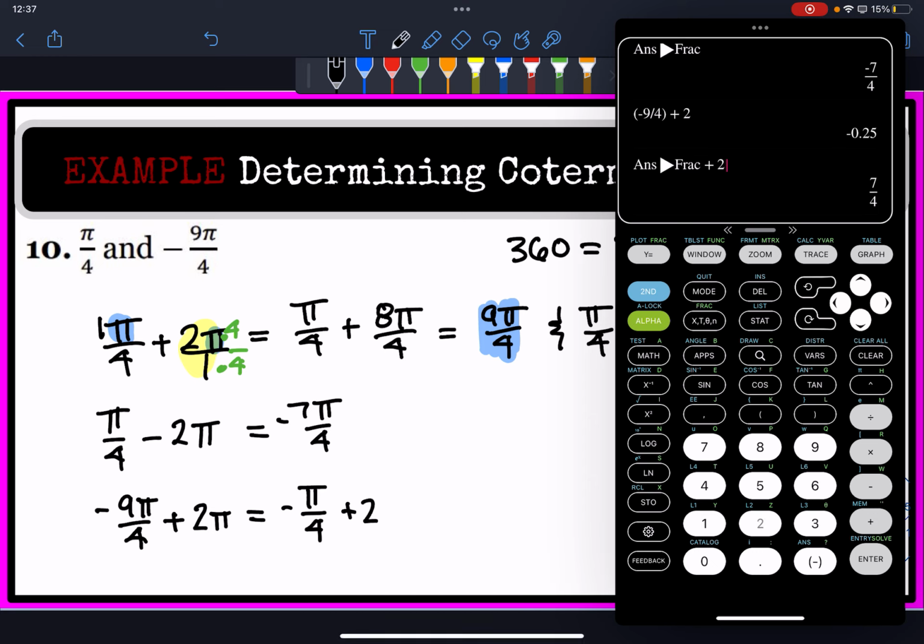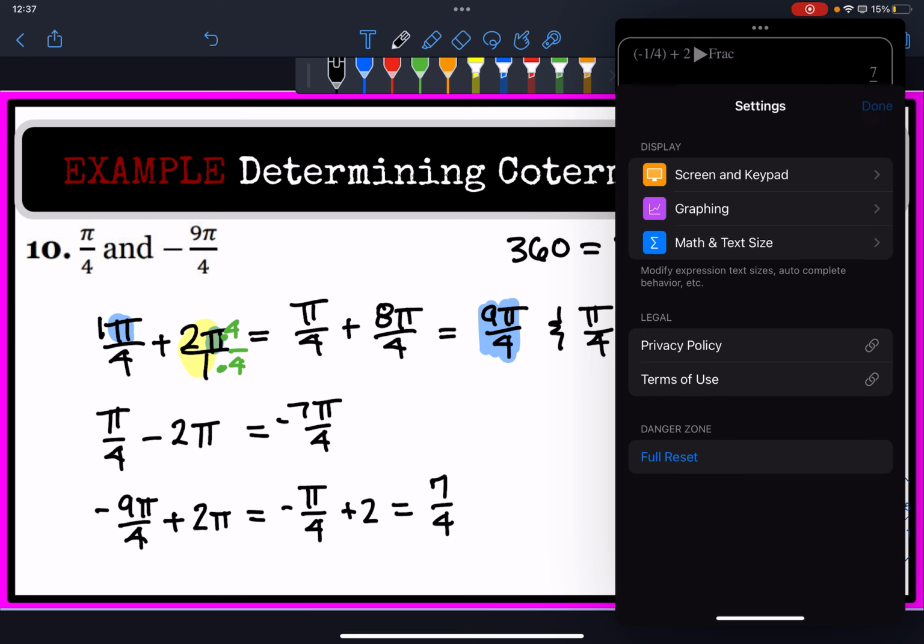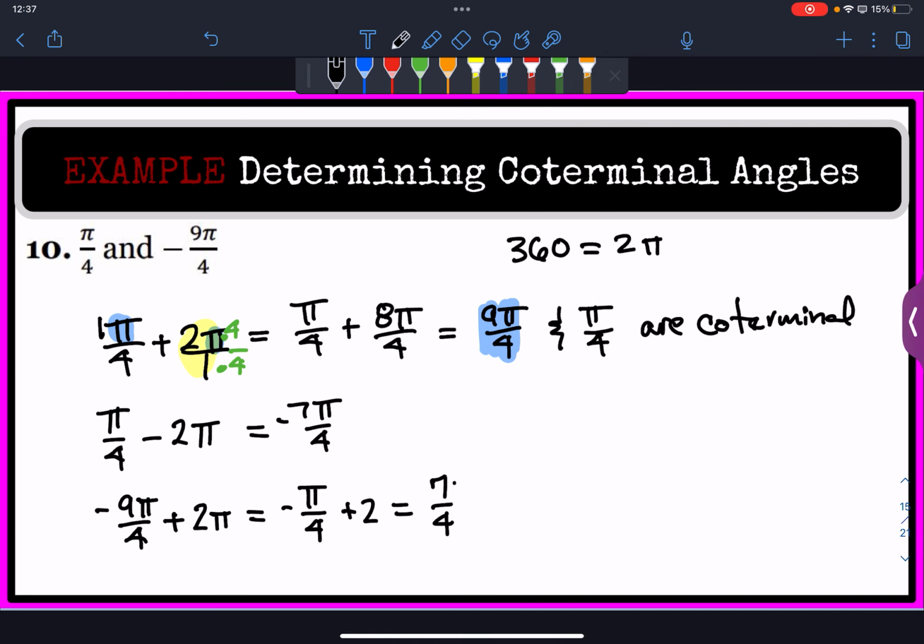So if I get negative 1 over 4 and add another 2, that gives me 1.75, which in fraction form is 7 over 4. So 7 pi over 4. So the coterminal angles to negative 9 pi over 4 are negative pi over 4 and 7 pi over 4.